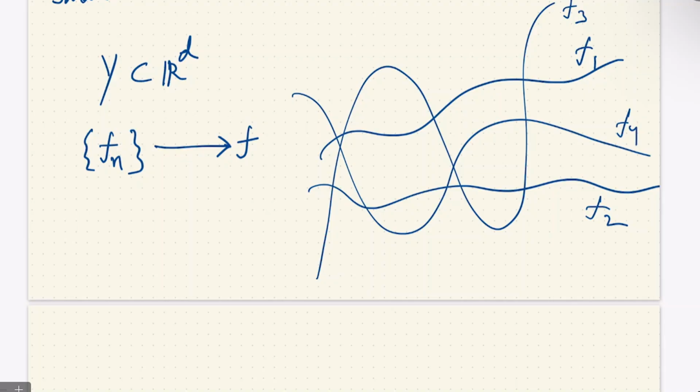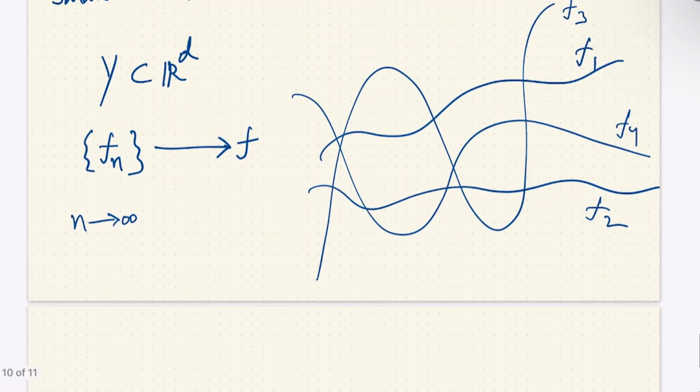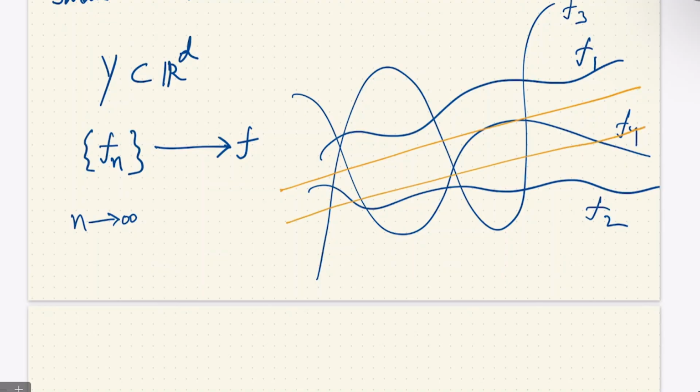They behave in different ways, and as n goes to infinity, their behaviors in the domain come into a closed band, the epsilon band. Let's say this is the epsilon neighborhood.